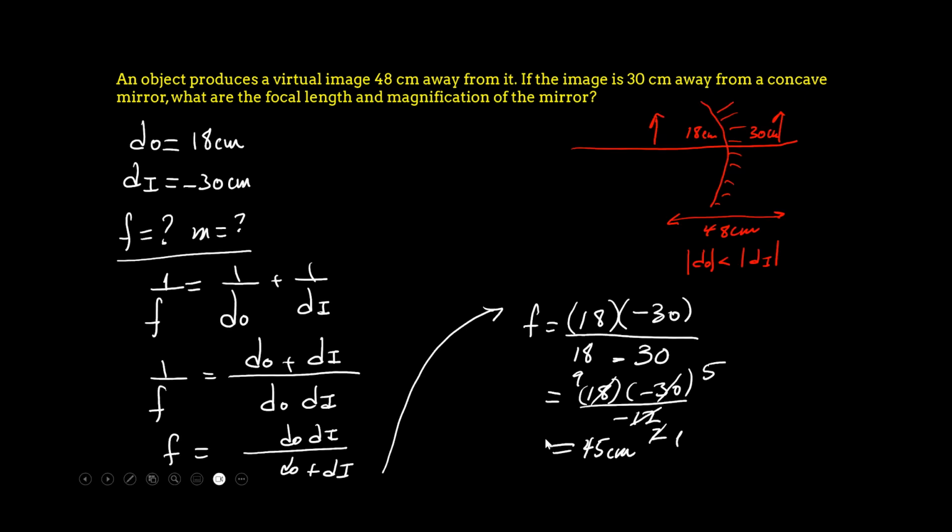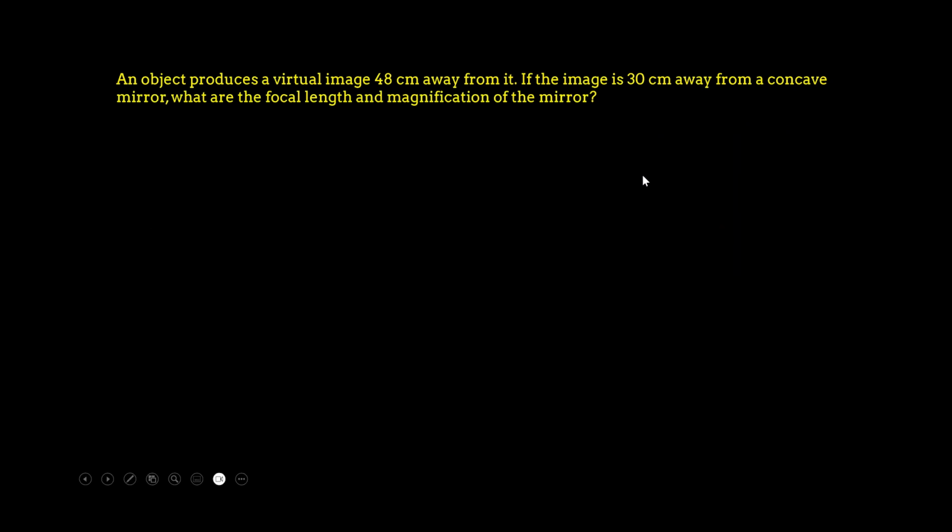And obviously, the object is inside it. That's how we produce the virtual image in the first place. So now the magnification is negative dI over dO. dI is negative 30, dO was 18.